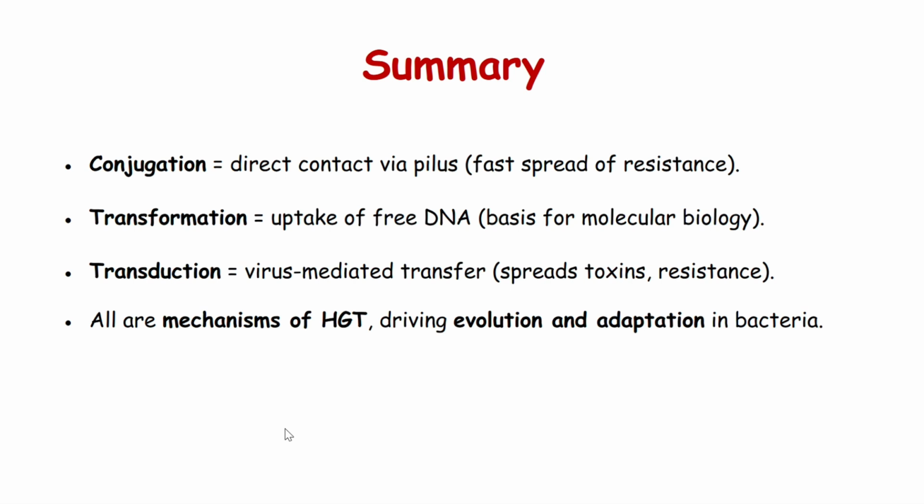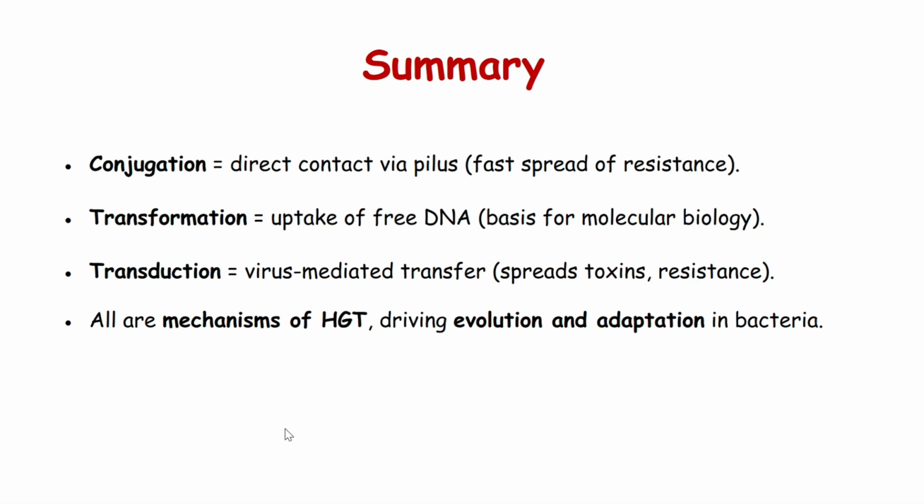So, to wrap up, let's remember what we have learned today. Bacteria don't just rely on binary fission to make identical copies of themselves. They also have powerful ways of sharing DNA called horizontal gene transfer. Conjugation is like a handshake between two bacteria using a pilus to pass plasmids directly from one cell to another.